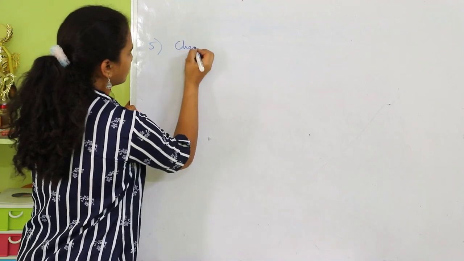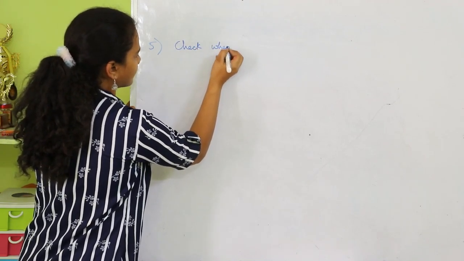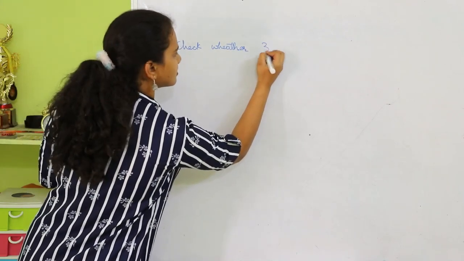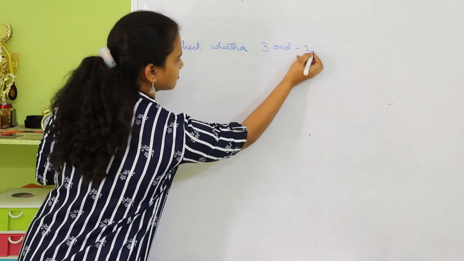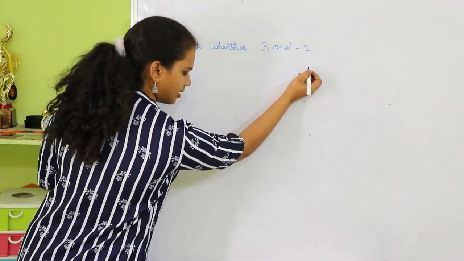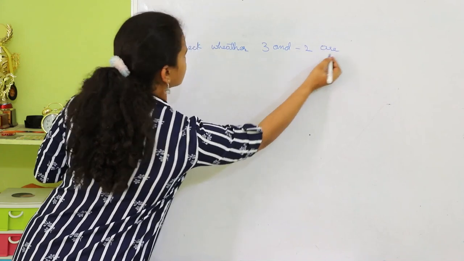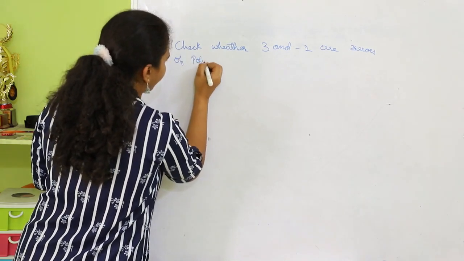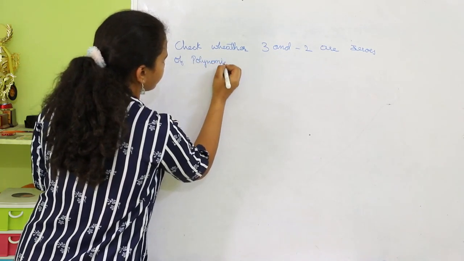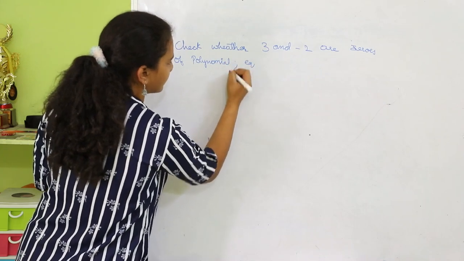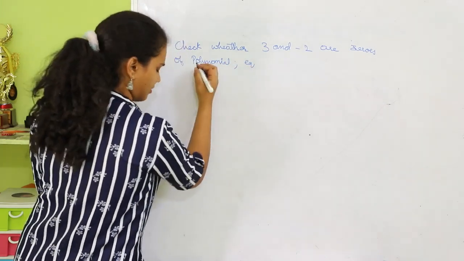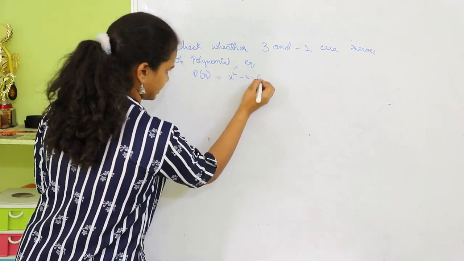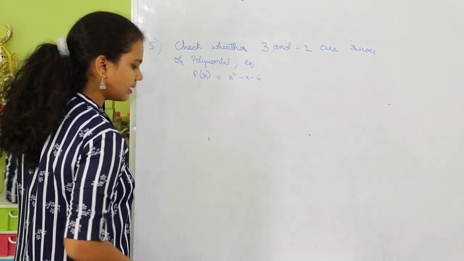So first the given question is: check whether 3 and minus 2 are the zeros of the polynomial p of x equals x square minus x minus 6.